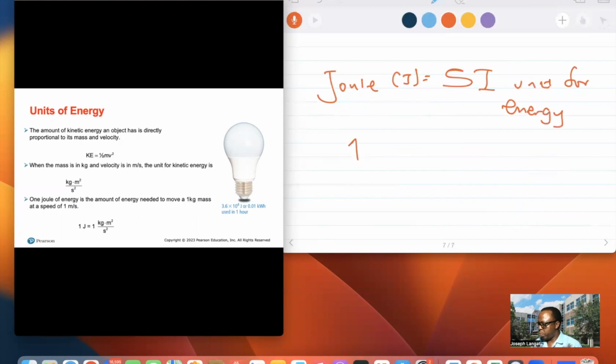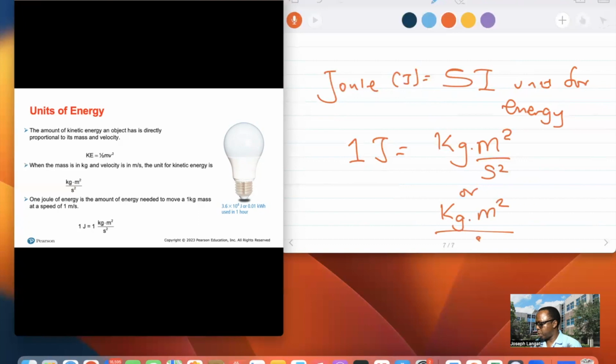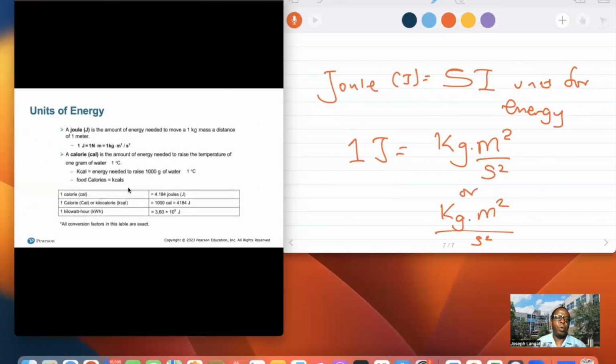And 1 joule, please take note of this, we'll use it again, 1 joule is kilogram times meter squared over second squared. Meter squared over second squared is the same thing. So that we can now convert. Once we have that, we convert into joules, which is the SI unit for expressing energy.